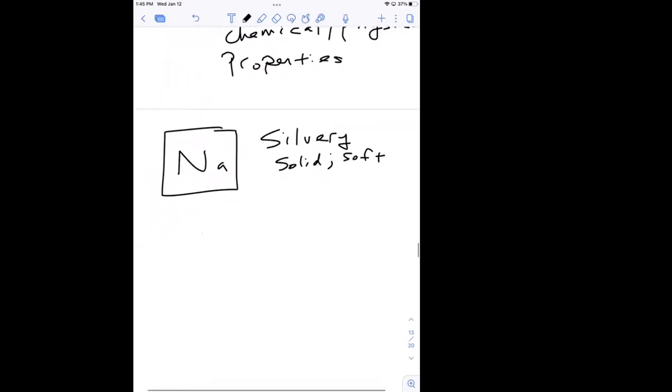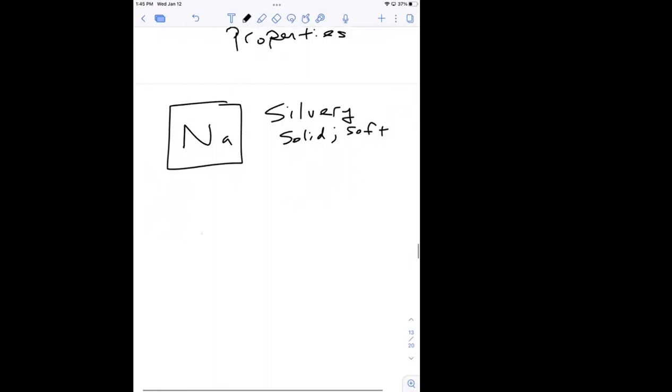And then if we took that sodium and we put it into a beaker or Erlenmeyer flask, and sealed it up, and we piped in chlorine gas. This is my cartoon depiction of what a gas would look like, right? Chlorine is a greenish yellow gas.